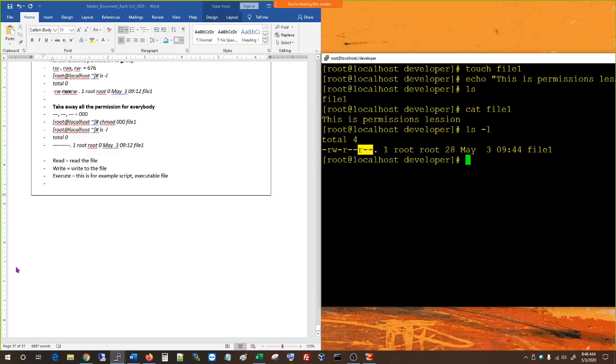Okay, so now what I'm going to do is take away the permissions here. I'm not going to give any permissions to others. There is one other way to grant and take away permissions, so let's do it with the numbers.